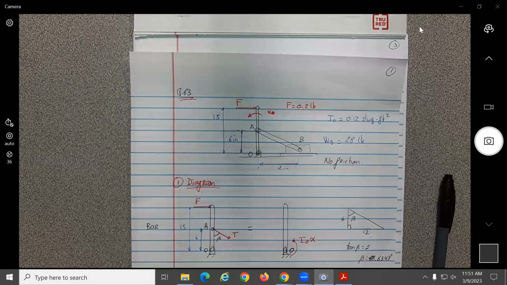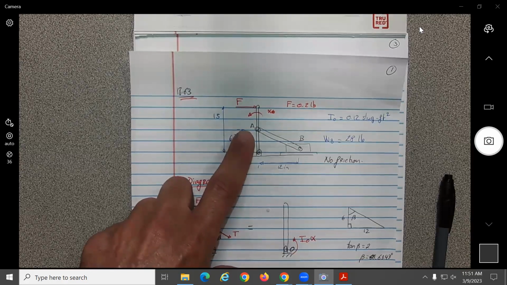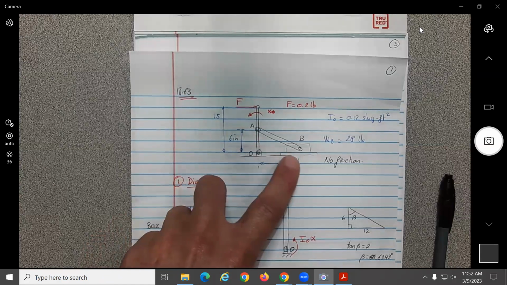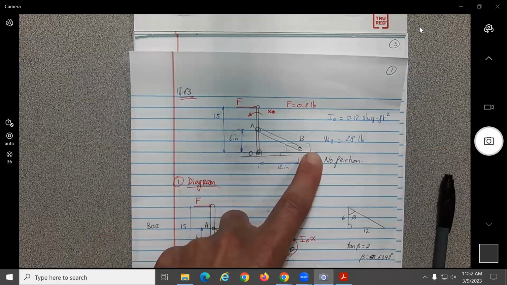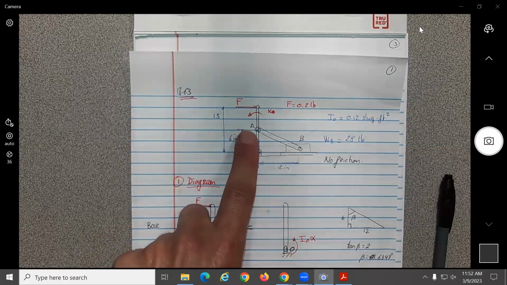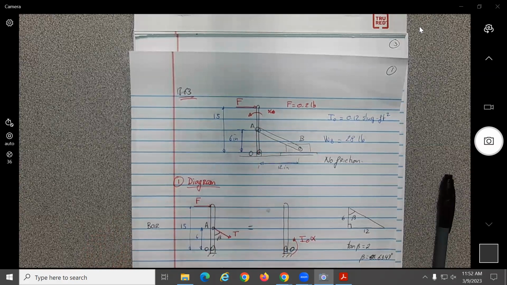It does. Okay. So if block B, even if it was rotating, it still would be the same. No, that's the problem. Let's say acceleration of A here has an X and Y component. Then what would happen at point B? At B, we only have one acceleration on the X, but the magnitude of the acceleration of B should be equal to the magnitude of the components on the X and Y direction at A, no?